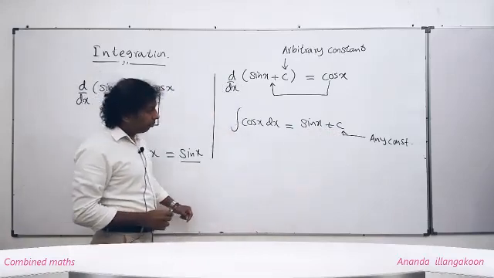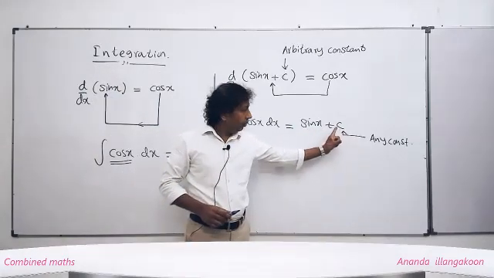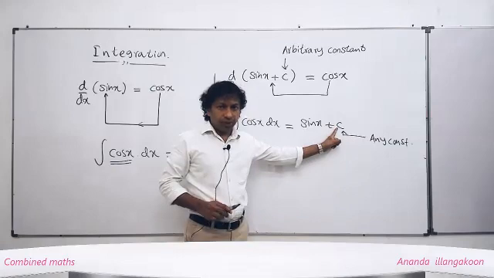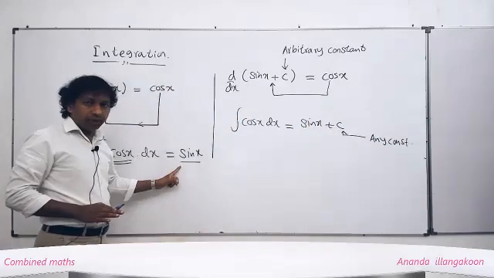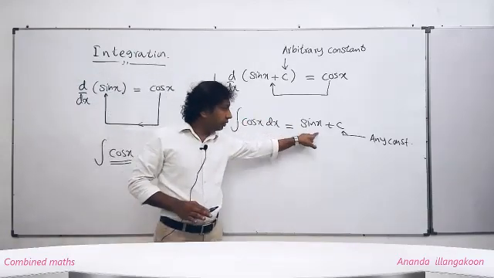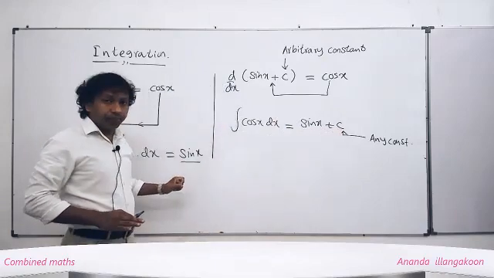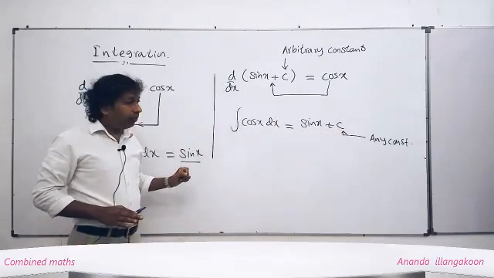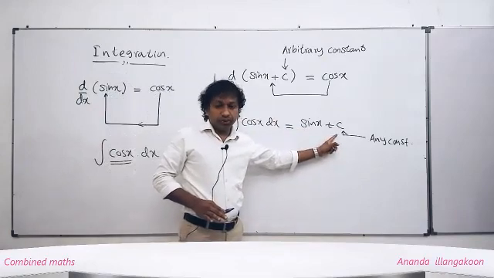Since c is any constant, put 0 for c, and what we get is sin x. Therefore, since this answer is also available in this answer when c equals 0, we accept this as the most general answer.